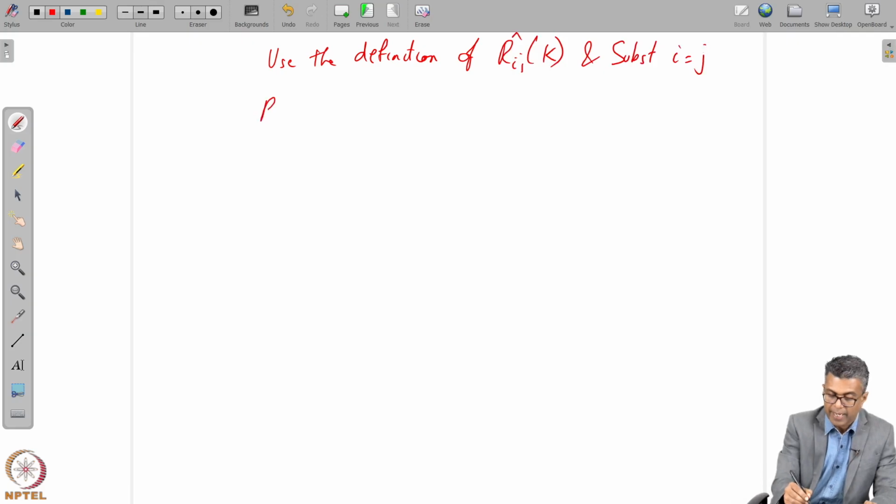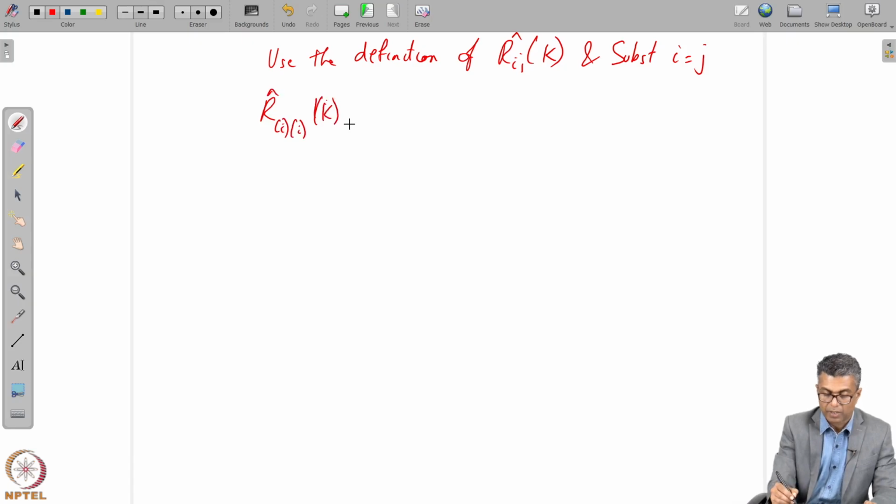What do I get? I get Rii of kappa, obviously in spectral space. Rii of kappa is within angle brackets: open angle brackets, and then I'll have ui star, because I just derived it. I had it as the conjugate, ui hat star of kappa, a function of time, of course, and then I have ui hat of kappa comma t.